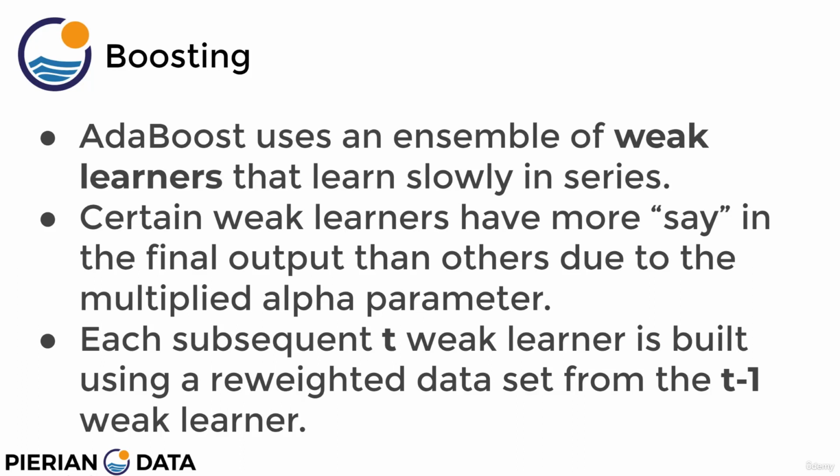So for some models, that is stumps, that are not very good at predicting the final y output, then we can imagine that alpha coefficient is going to be very small. But for the stumps that are actually pretty good at predicting the output, we'll have the alpha coefficient be larger. And then each subsequent t weak learner is built using a reweighted dataset from the t-1 weak learner.